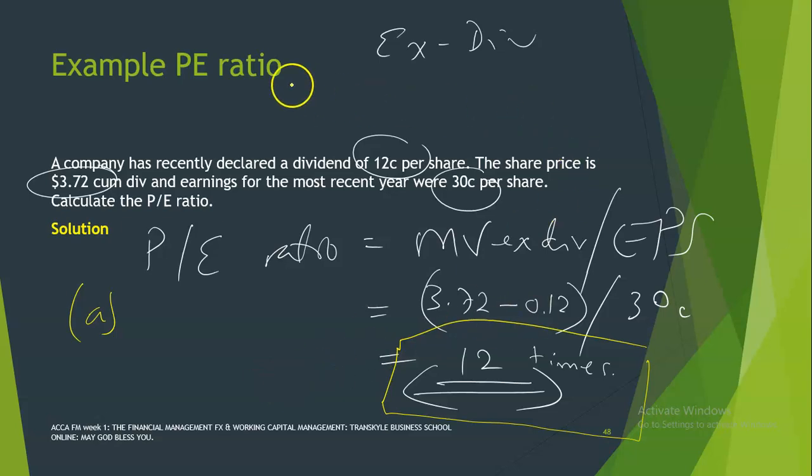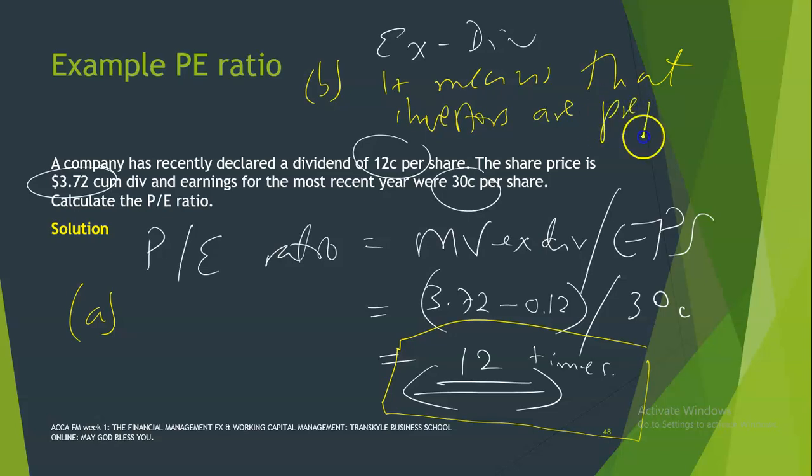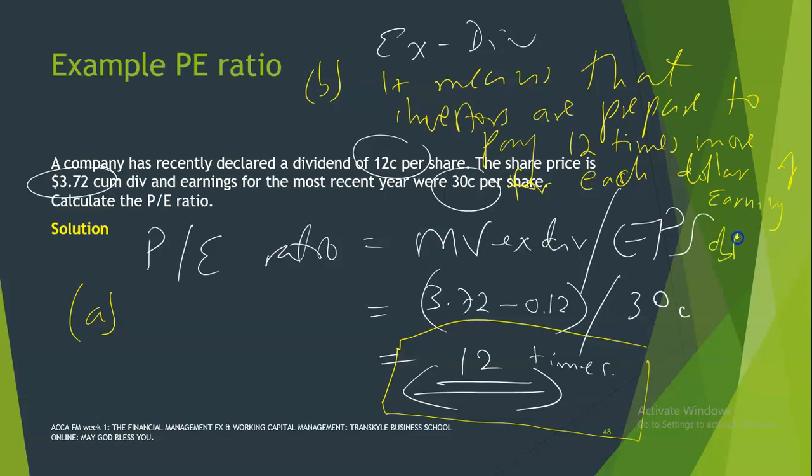Okay, so this means that investors are prepared to pay 12 times more for each dollar of earnings obtained last year. The investors are prepared to pay 12 times more.